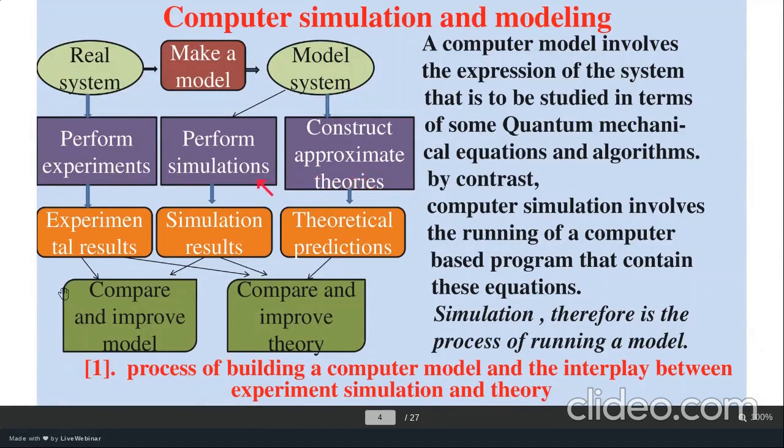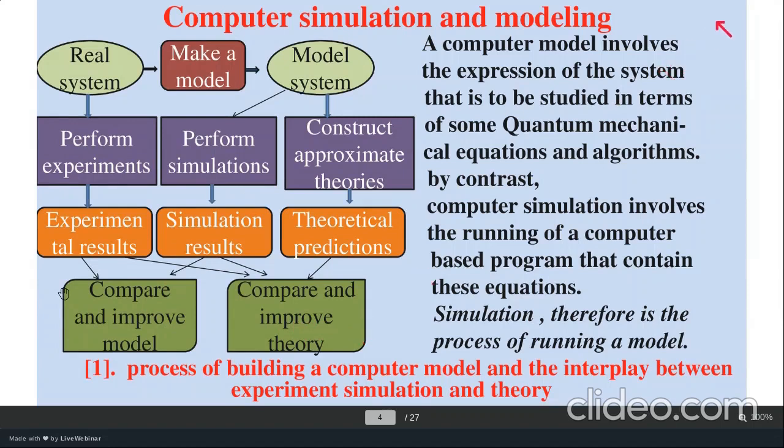After that, experimental results we already have. After that, we perform simulation, getting some simulated results and the theoretical presentation. After that, compare and improve model and compare and improve theory. We compare the experimental and theoretical results to build our theory.